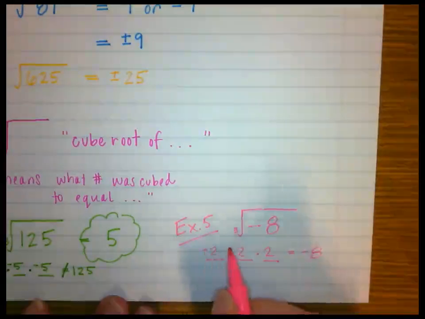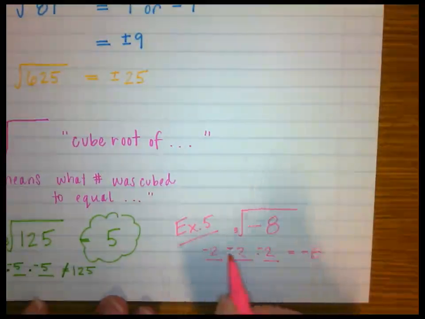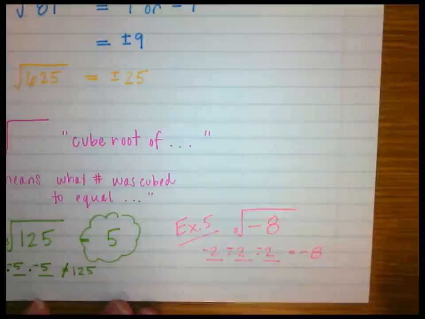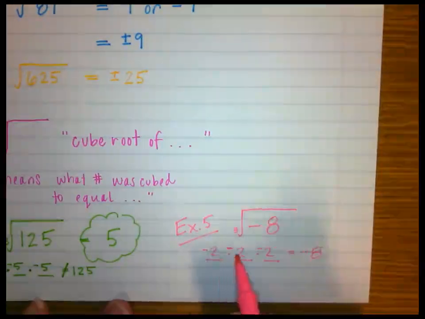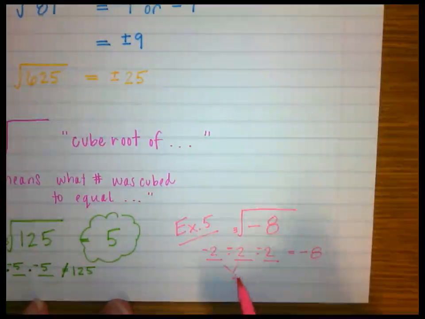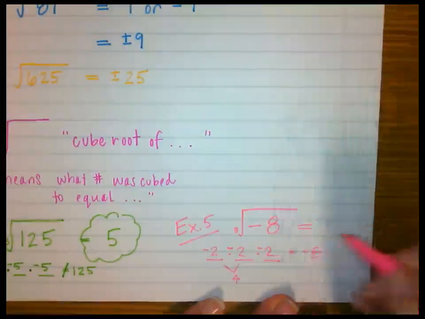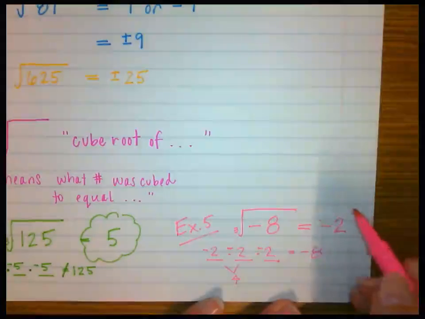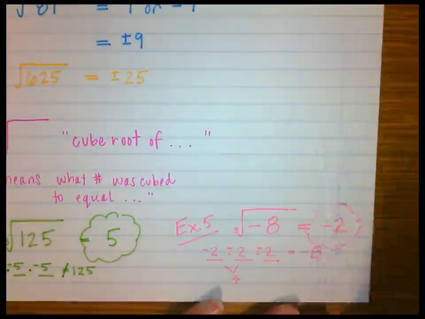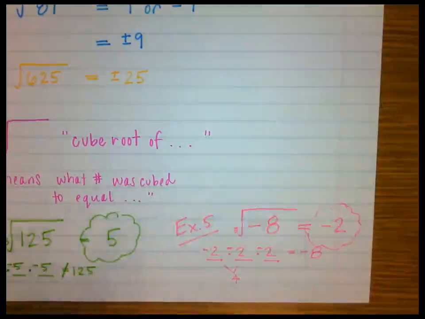Well, hopefully you know that when you multiply an odd number of negatives together, your answer will be negative. So negative 2 times negative 2 would be 4, and 4 times negative 2 is negative 8. So it is possible to get a negative answer on a cube root, but that's when you have a negative inside of the cube root.